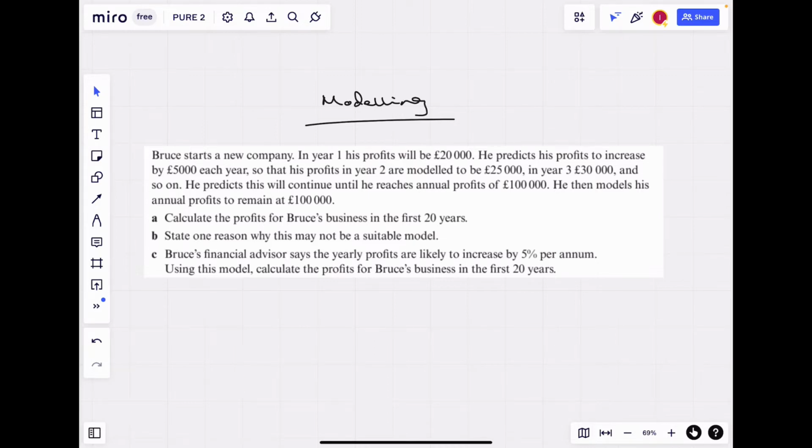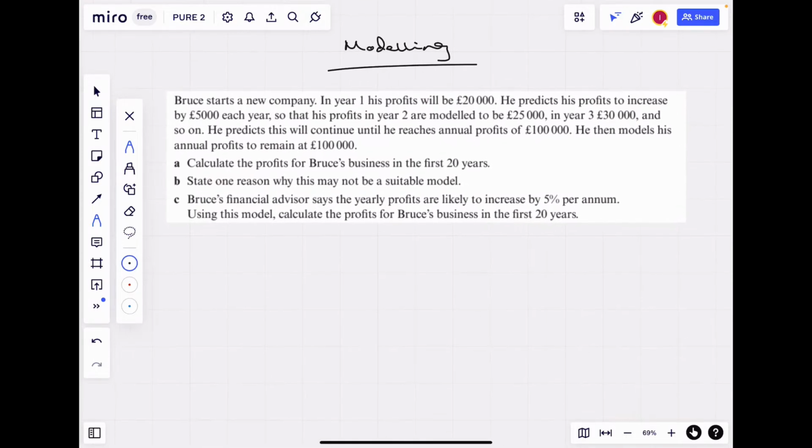Okay, so let's make a series. A sequence. Let's make an arithmetic sequence. He's going to go from 20k to 25k to 30k and so on until he reaches 100k, and then he's going to stay at 100k.